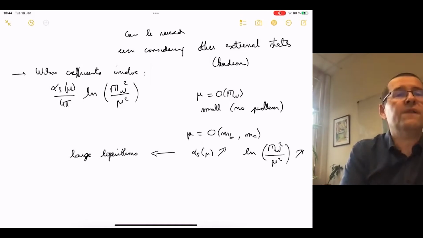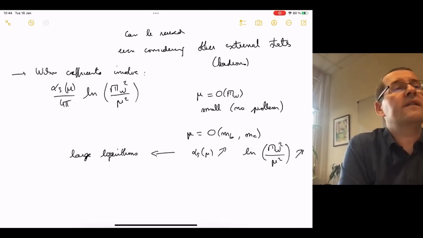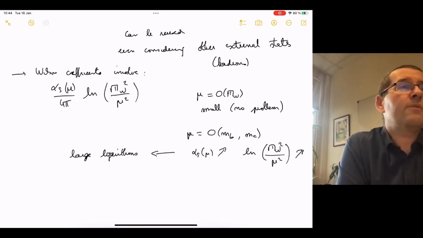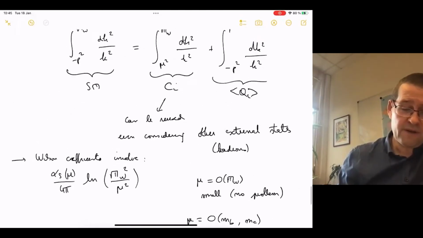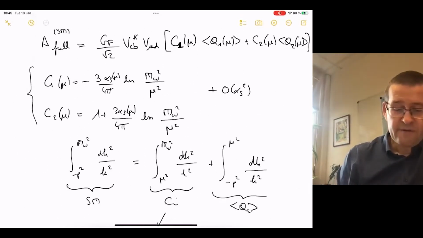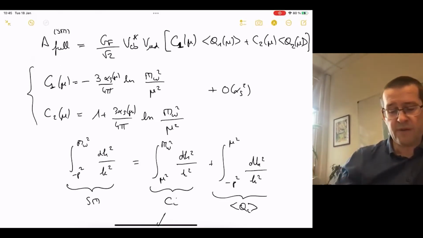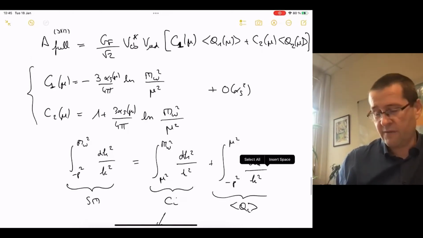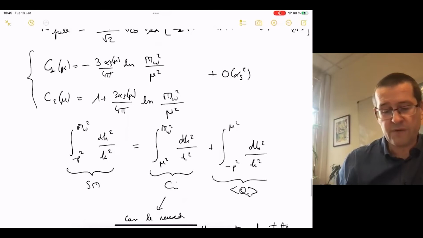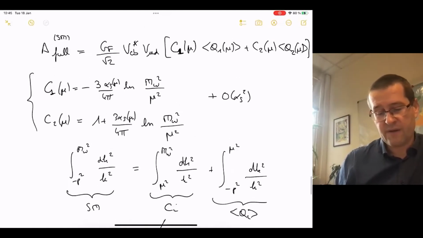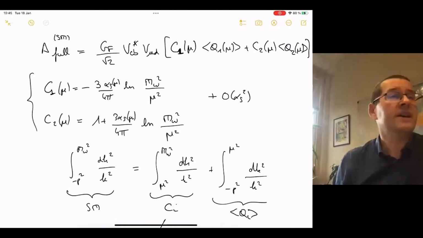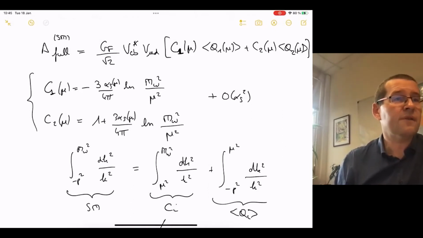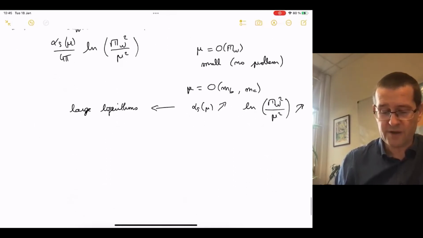And so doing just the matching this way and nothing else, you might have troubles at some point, because depending on the coefficient in front of your alpha s times log of mW squared over mu squared, if it's a bit big and if mu is a bit too small, then you might have questions about whether this is a nicely convergent expansion, and a nicely convergent way of doing the computation.